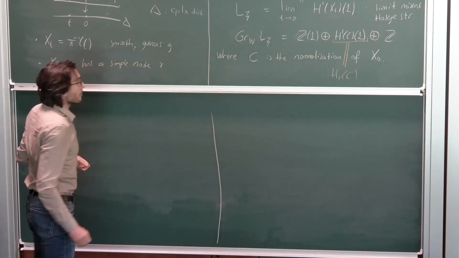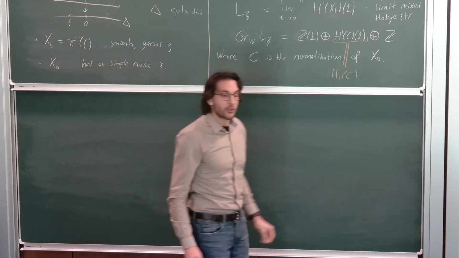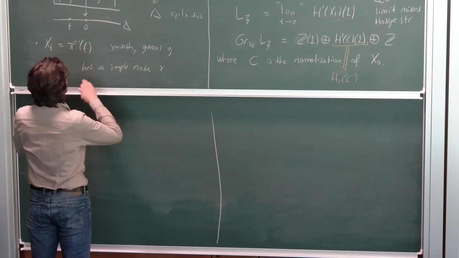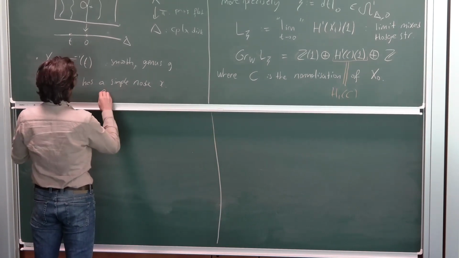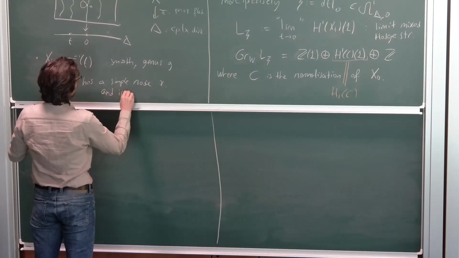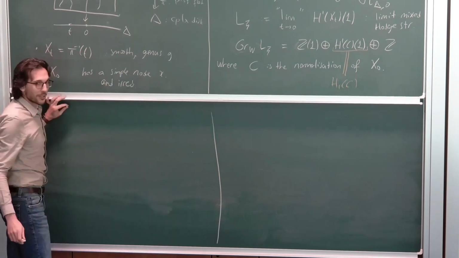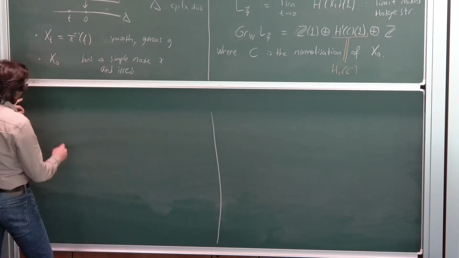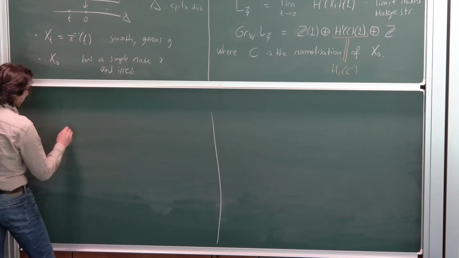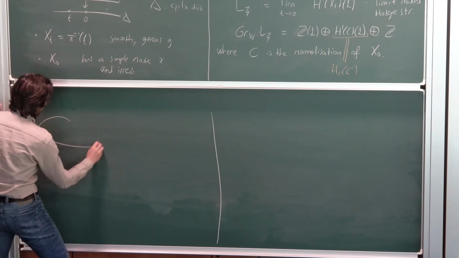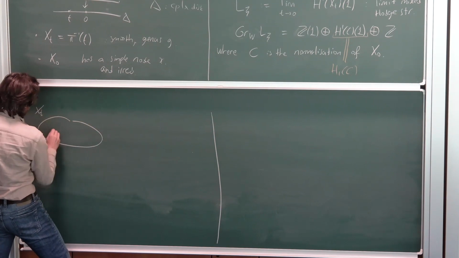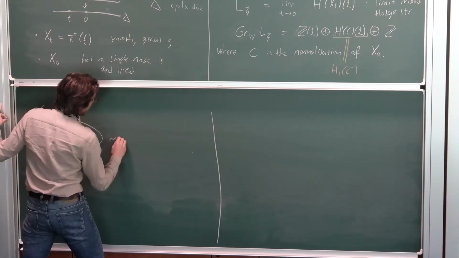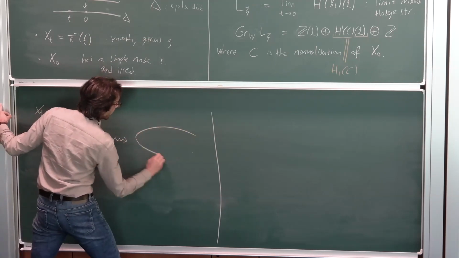So you're assuming the central fiber is reduced? Oh yes, sorry. Simple. And my picture tried to say this. So let's draw our picture. Initially, my XTs looked like this, and they degenerate to a nodal curve.